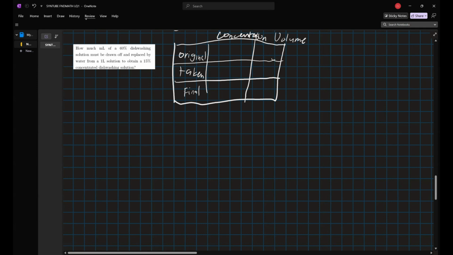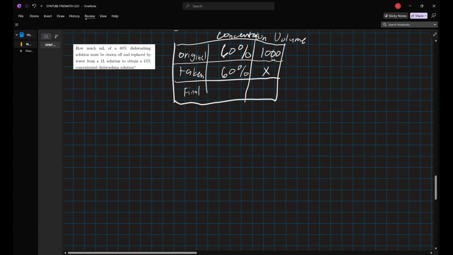So for our original, we have 60% dishwashing solution in 1000 milliliters. And how much must we take so that our 60% concentration would still result in 1 liter?